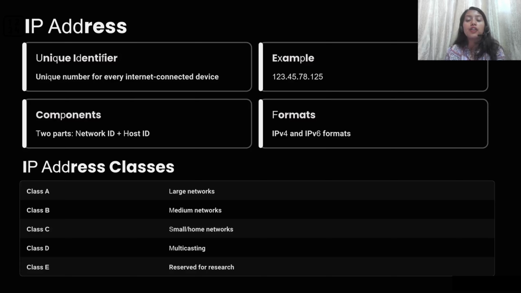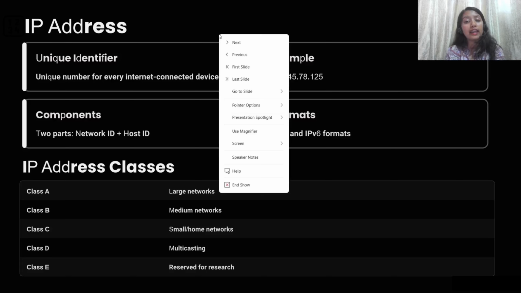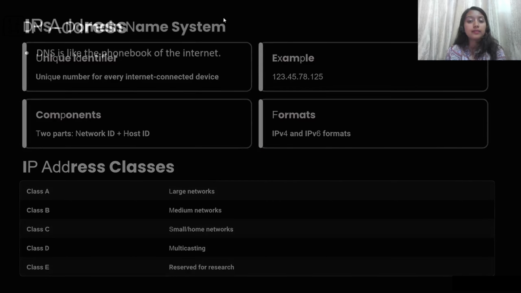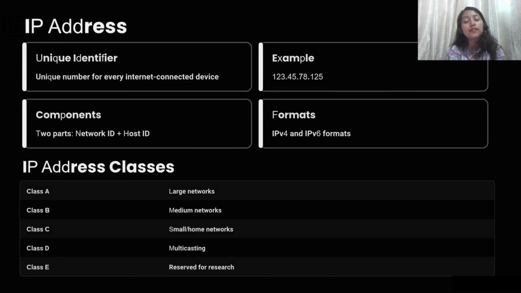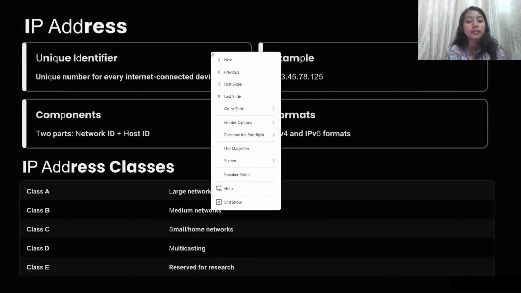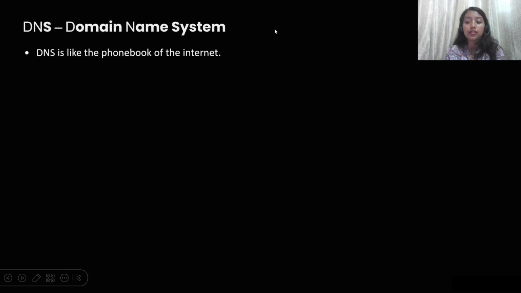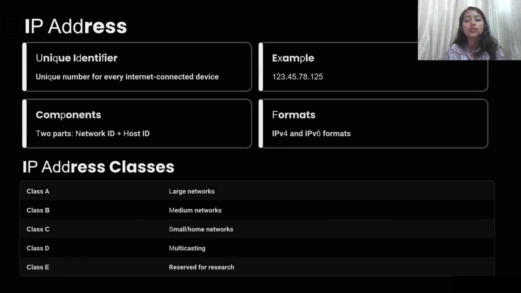IP addresses are not just made randomly, they are managed by a global group called IANA. IANA works with regional groups like APNIC, which works for Asia, and ARIN, which works for North America.